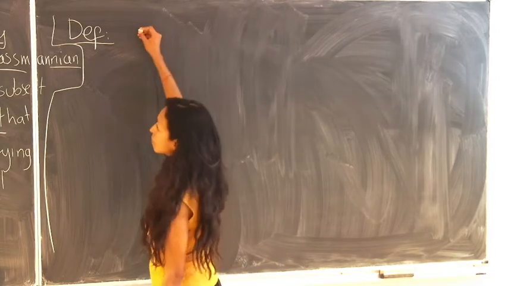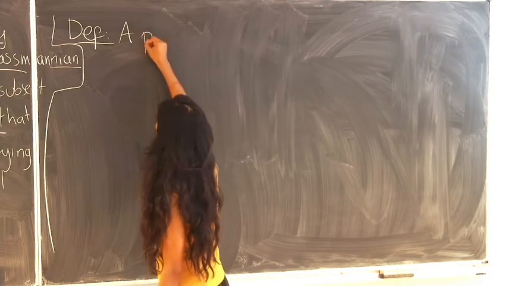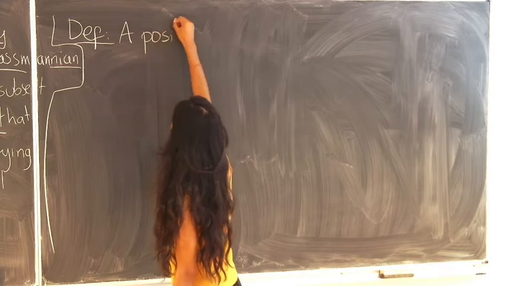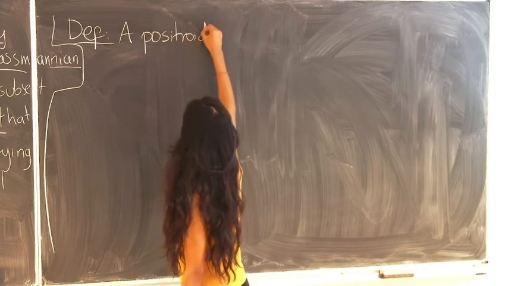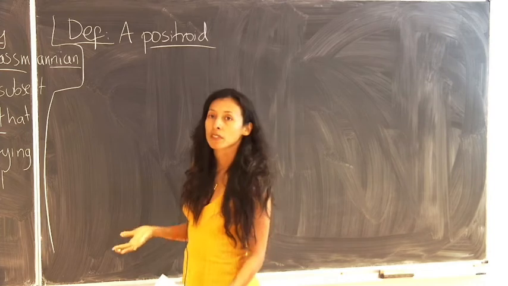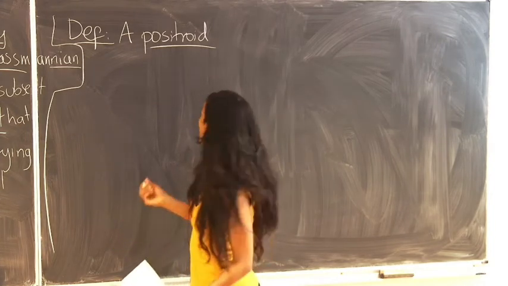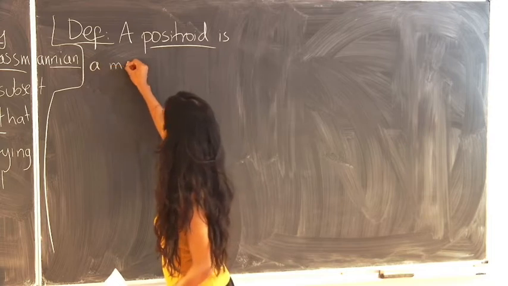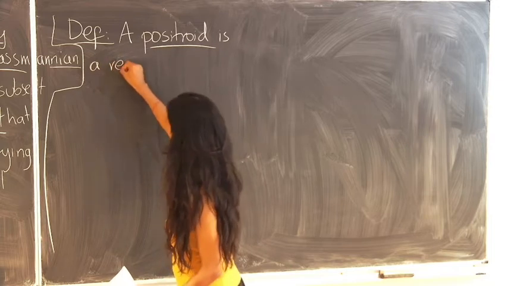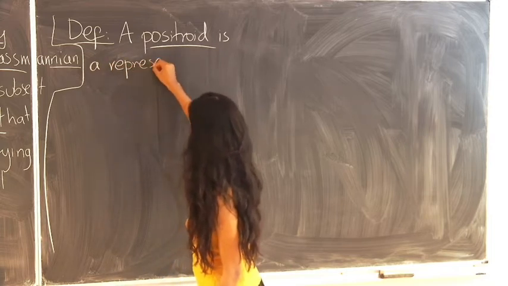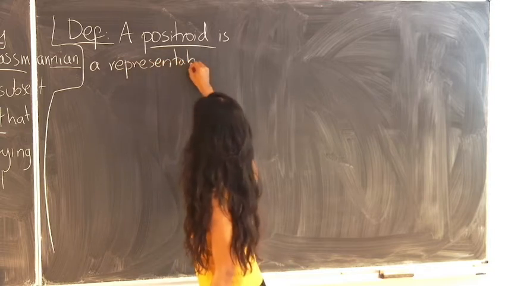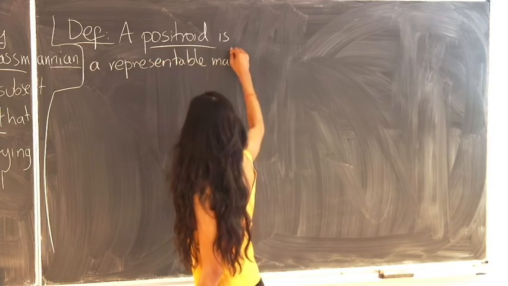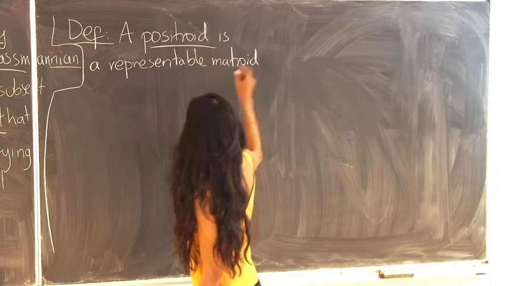So a positroid is a matroid, a representable matroid.